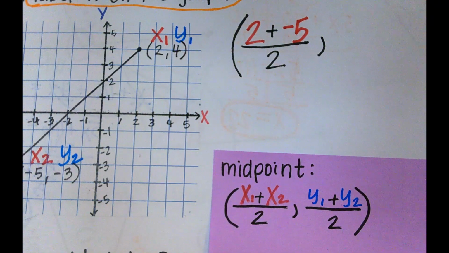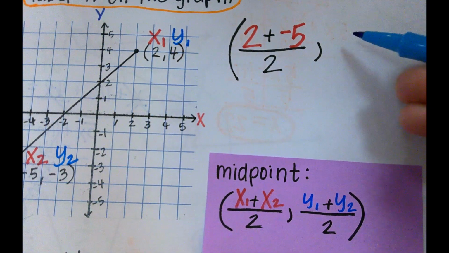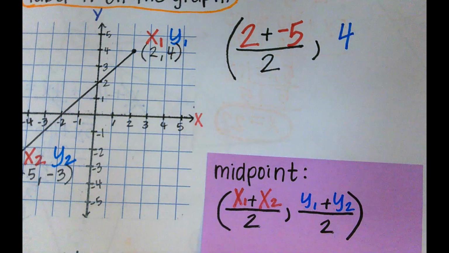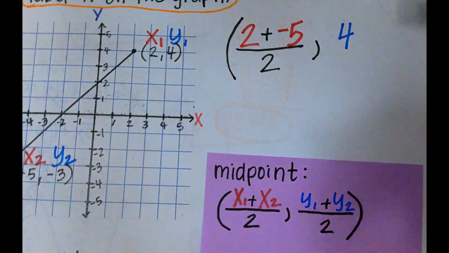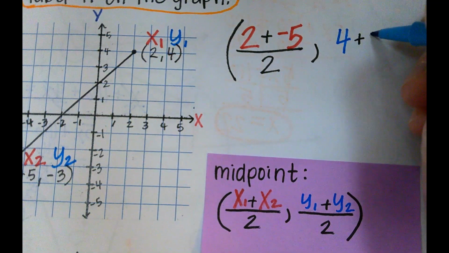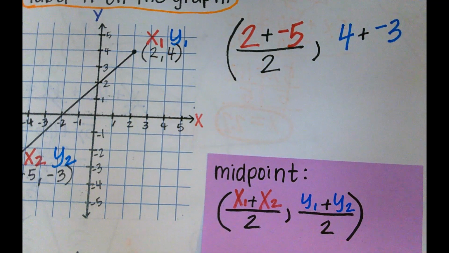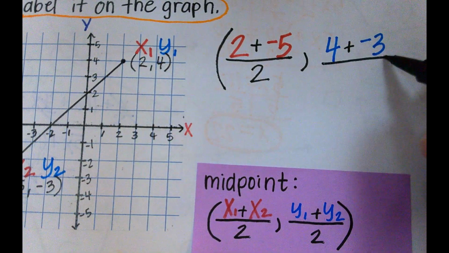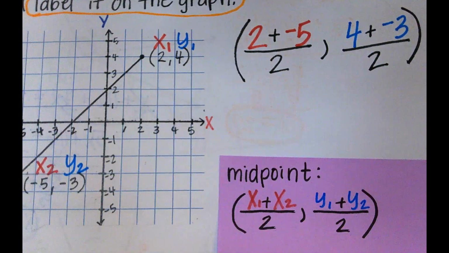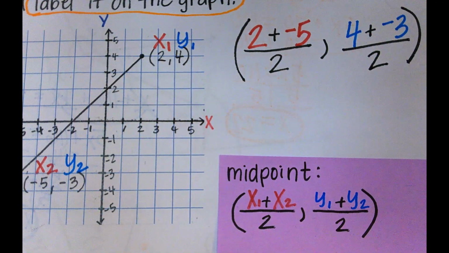How about my other one? 4 plus -3. Good. 4 is y1 plus y2 is -3. Same thing, we'll end up dividing by 2, so I'll write that in. Now it's all plugged in.